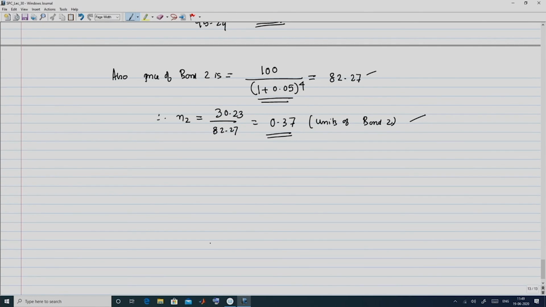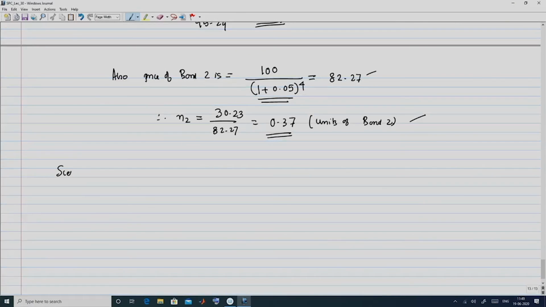Alright, so what is now the purpose of my matching duration? The purpose of my matching duration is to protect myself against interest rate movements. So accordingly, let us consider two scenarios of an immediate change in the interest rate. The first scenario is the following.